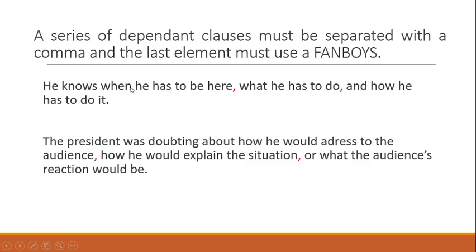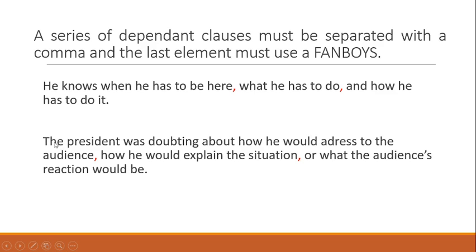So we can say, "He knows when he has to be here, what he has to do, and how he has to do it." Parallelism has to do with this element because in each of the parts we have the same elements: subject and verb, subject and verb, subject and verb, and the connector that corresponds to the type of clause that is being used here, which is dependent.